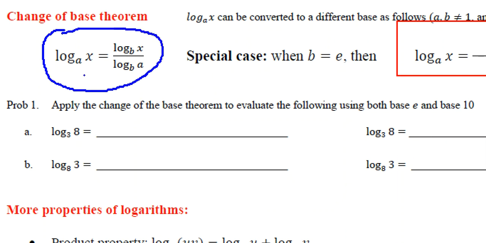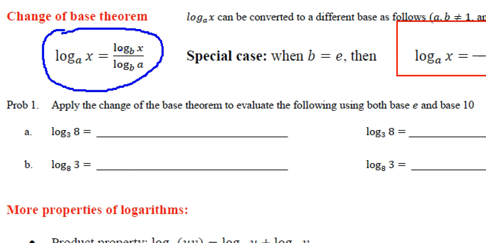Oftentimes I encourage students to try to describe some results using their own words. If you are able to do that, that means you kind of understand what's going on here. So if I look at this theorem, the left side, log base a of x, is equal on the right hand side to a ratio of two logs.